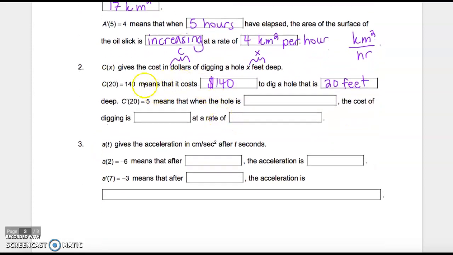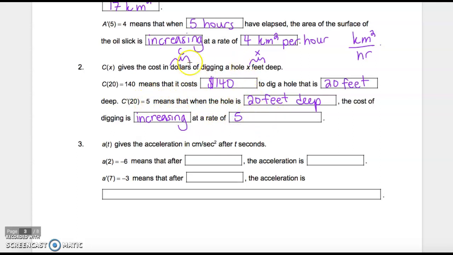C prime of 20 equals 5 means that when the hole is 20 feet deep, the cost of digging is, what do we say, increasing or decreasing here? Hopefully you say increasing because it's positive, at a rate of 5, and then you do your units.